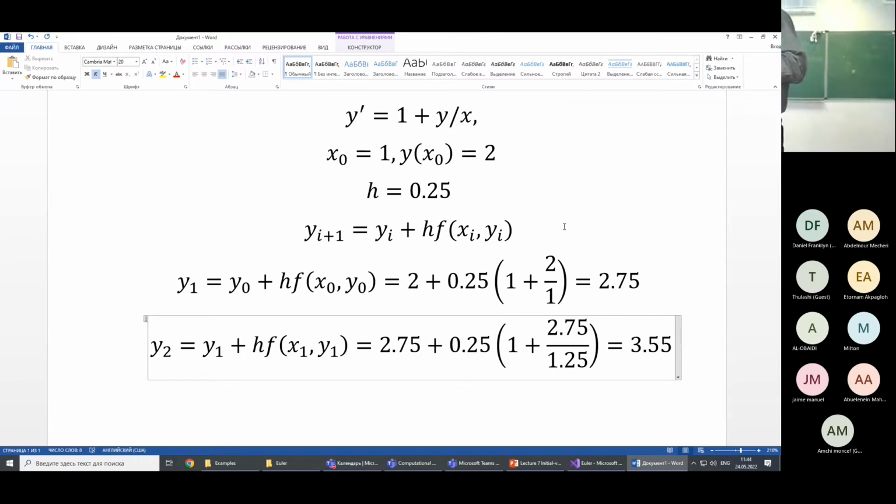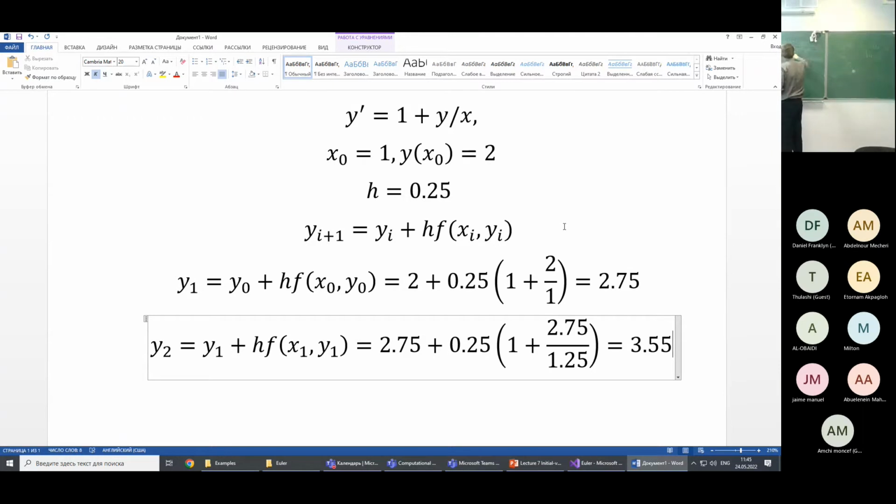Well, is it clear how to compute the values of y step by step? We know the value of x0 and f0. Using this value, we can compute the value of x1 and y1.